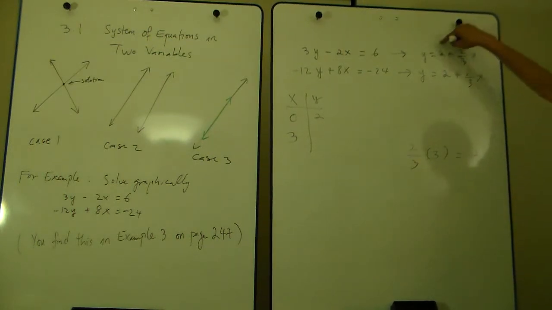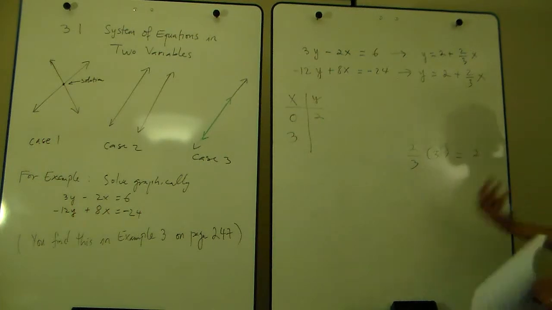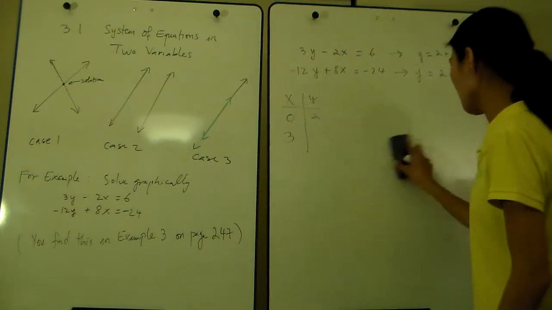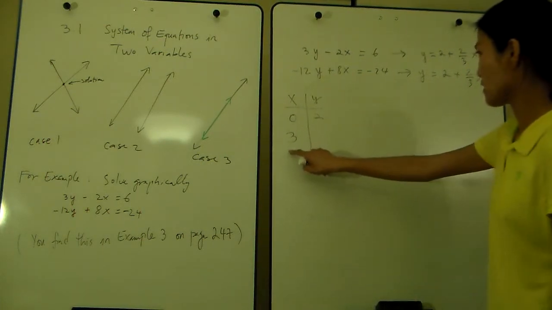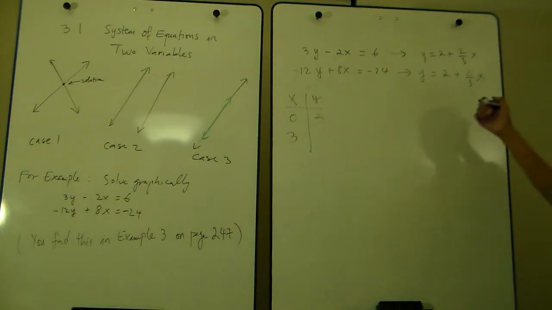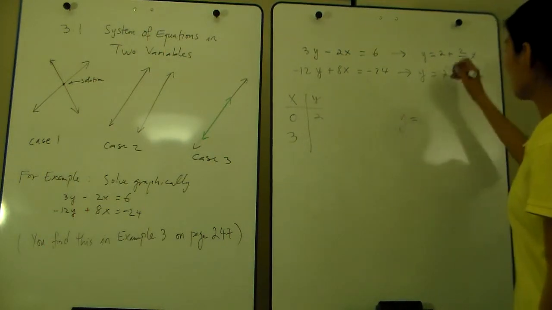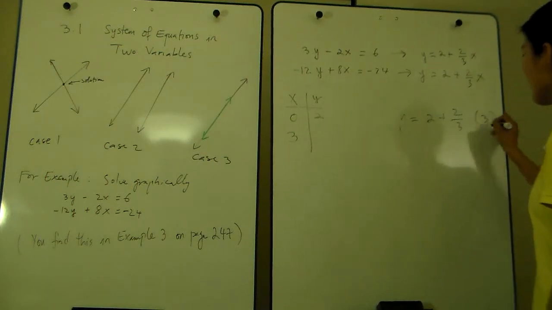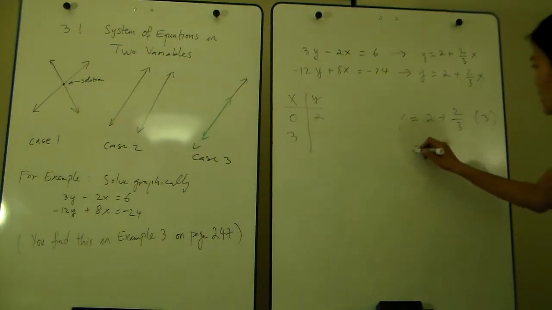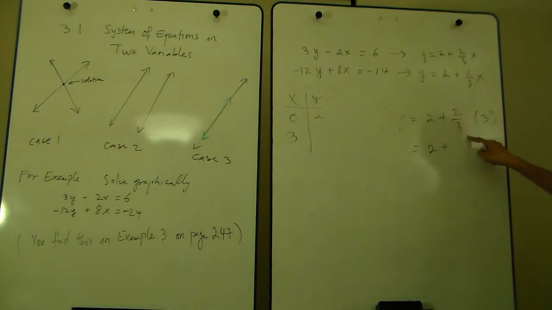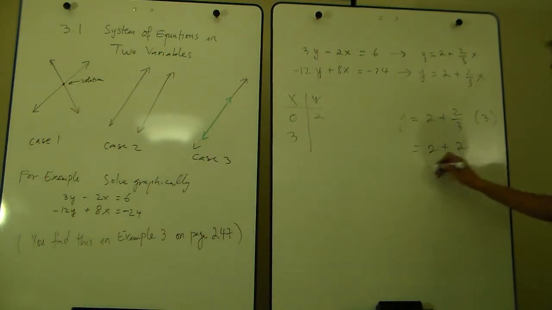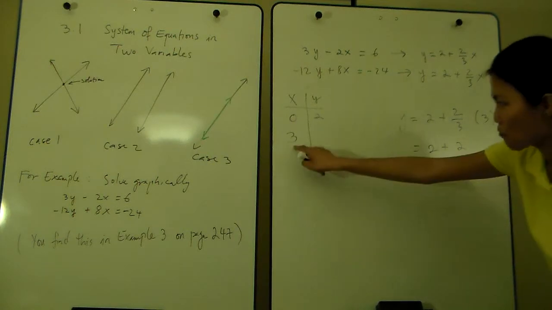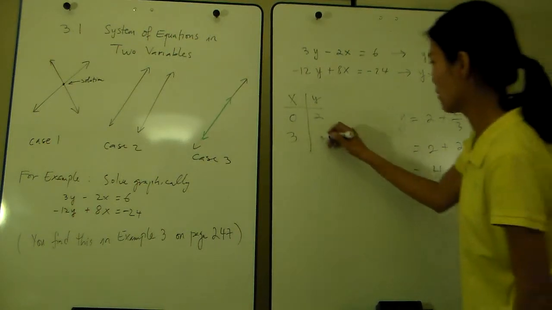That means 2 plus 2 is 4. So you don't have to deal with fractions. So let me write down, when x equals 3 you would have y equal to 2 plus 2/3 times 3. You would get 2 plus 2, which is 4. So when x equals 3, y is 4.